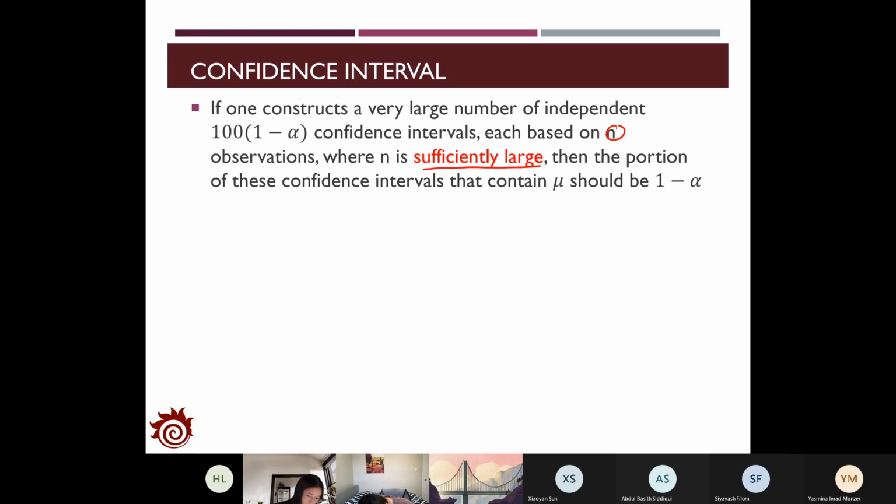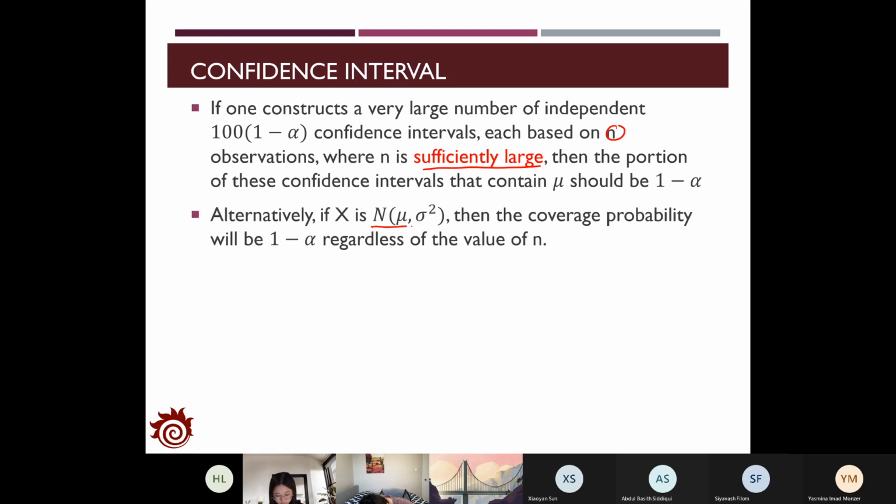In that sense, we probably don't need to use the t distribution. Instead, we just use the normal distribution based on the common mean and common standard deviation to find the confidence interval.